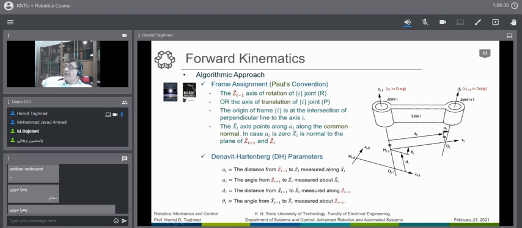You need only one representation to learn. If zi is prismatic, just give the axis which is along the prismatic joint, not about. It is not perpendicular about. But if it is rotation, it is the axis of rotation as we see here. Then we start with the frames that we are assigning to this problem.